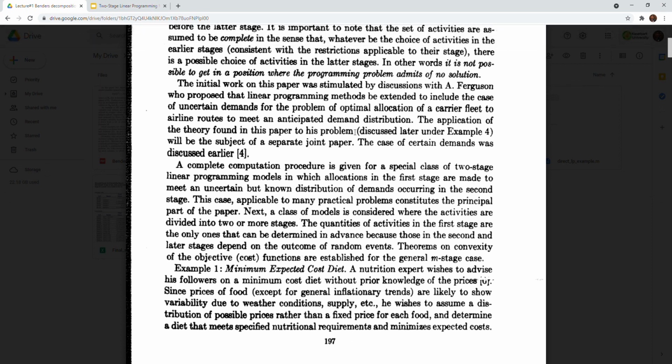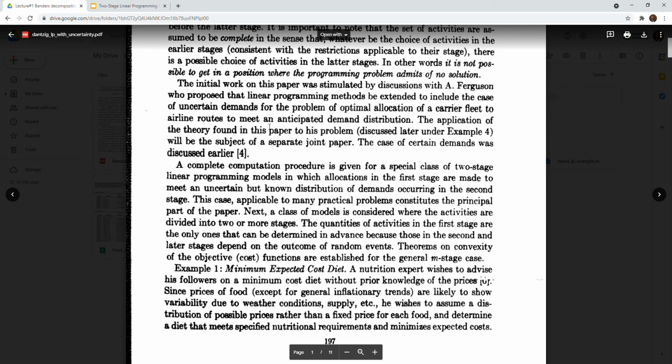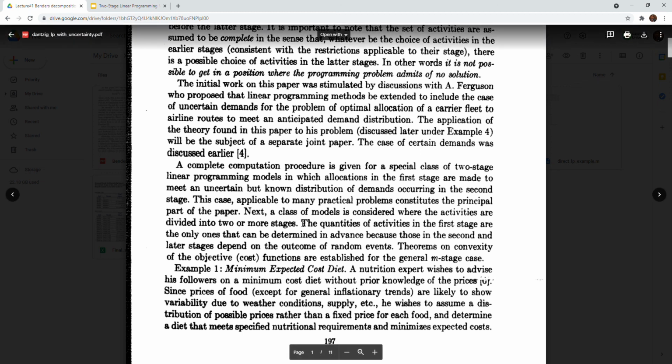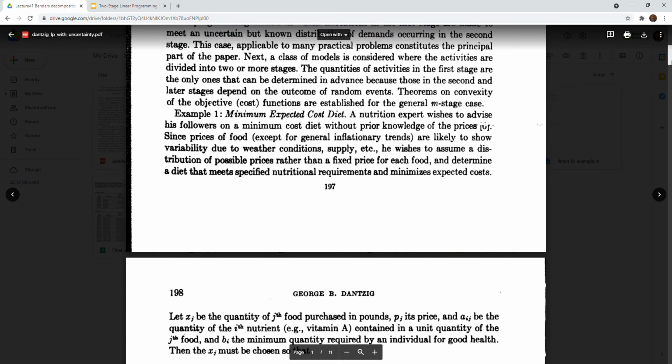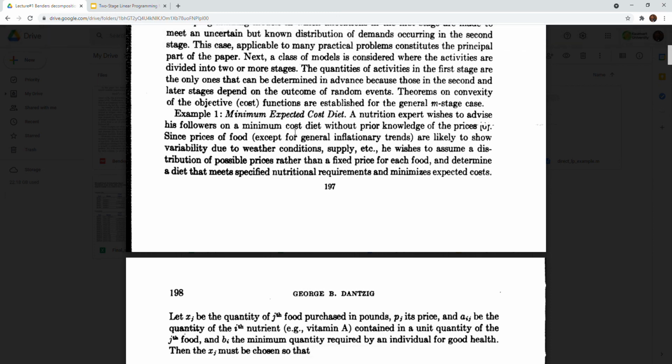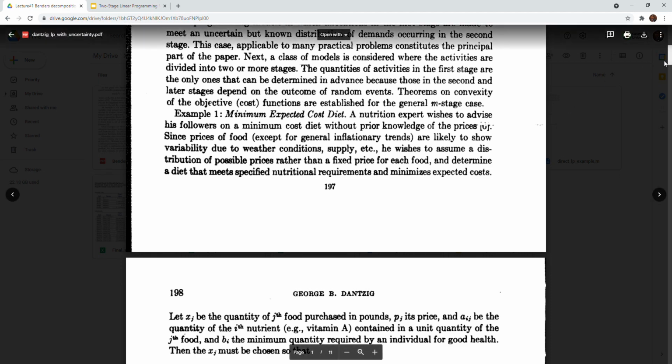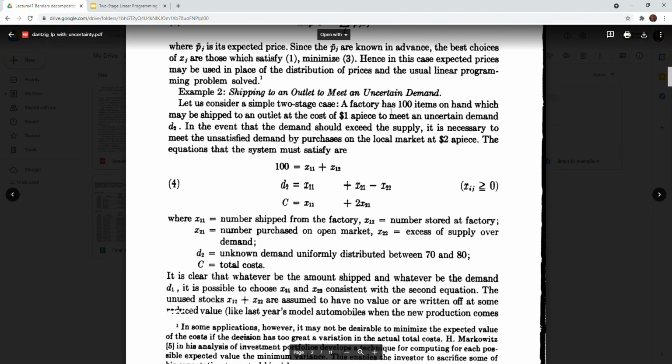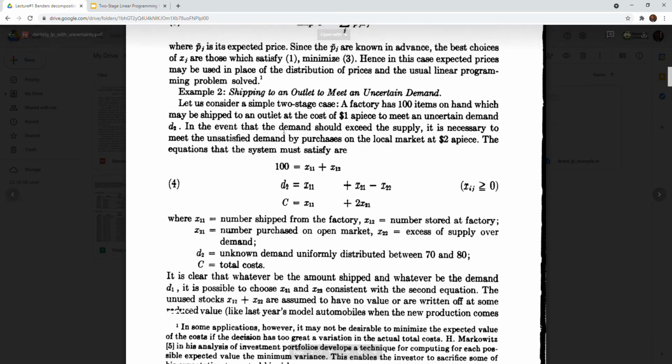And the demand uncertainty can be modeled as a probability distribution. But the example that Dantzig gives goes back to the very basic problem we call the diet problem, the minimum expected diet problem here. And the second example that he used is the shipment or transportation problem.